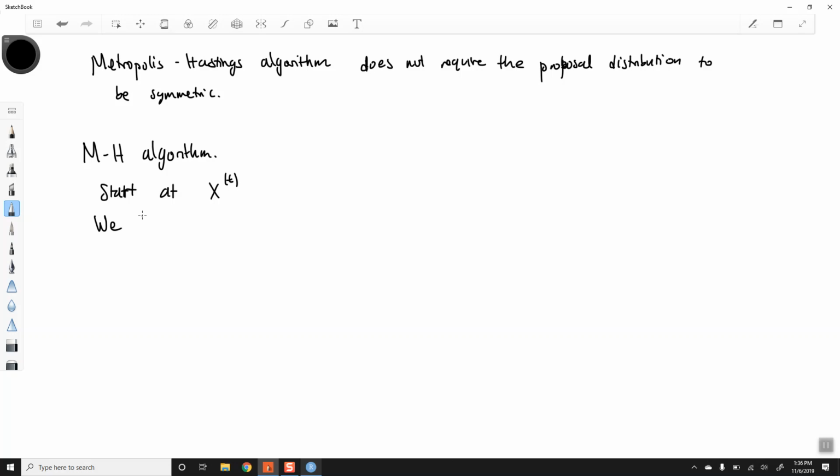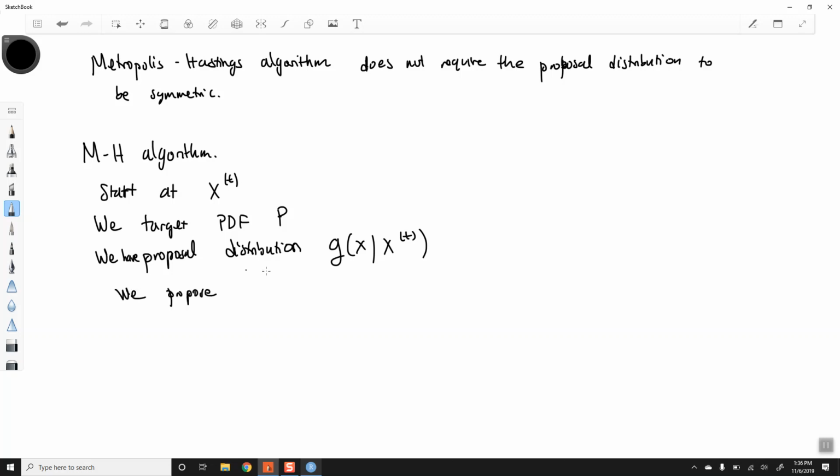We have target PDF P, and then we have proposal distribution G. And so we propose x star from G. And what we have in the Metropolis Hastings algorithm is that G of x star given x at time t does not necessarily equal the reverse, so it is not symmetric.